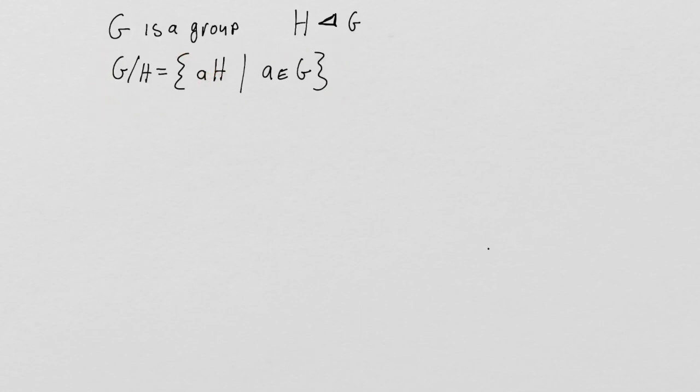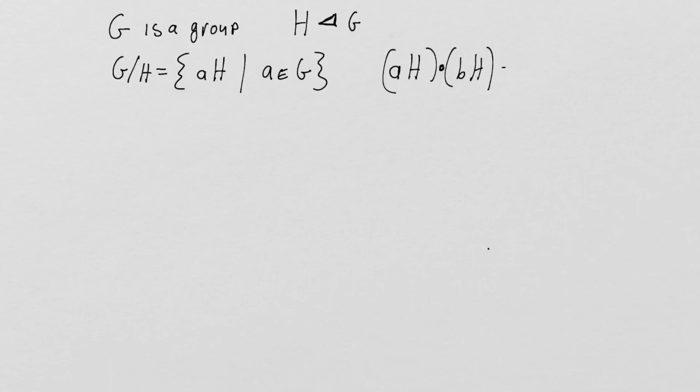Now we want to show that this is a group, and the group operation is given by this. It's given by AH, which is one element of the group, multiplied by BH. This is the group operation. Sometimes you could put a little circle there to say that this is the group multiplication operation.